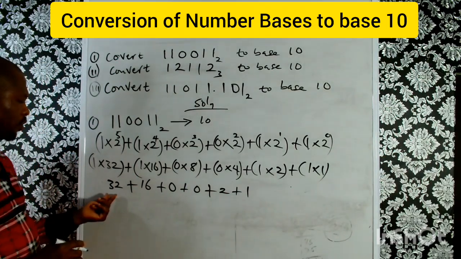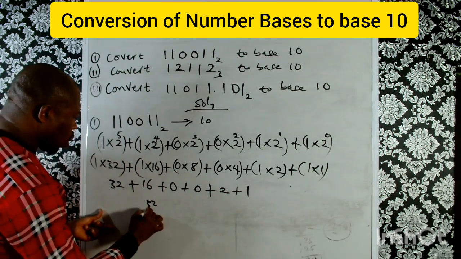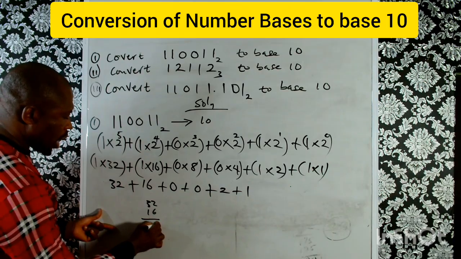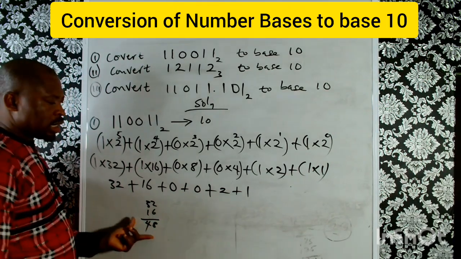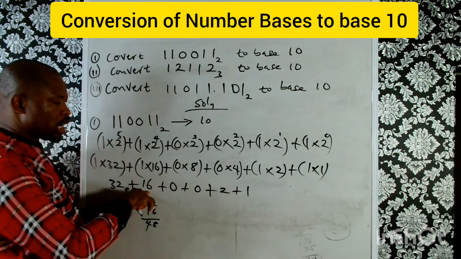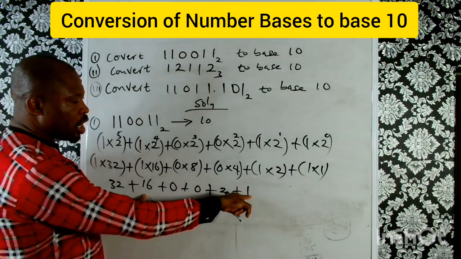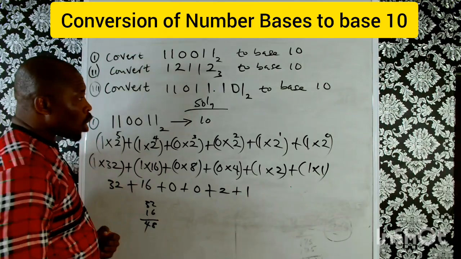Now 32 plus 16 will give us 48. 48 plus 2 is 50, plus 1 is 51.